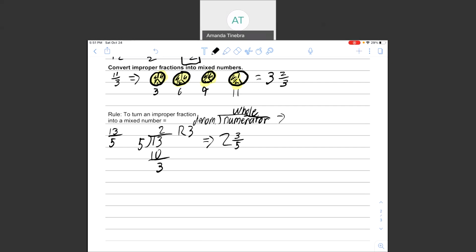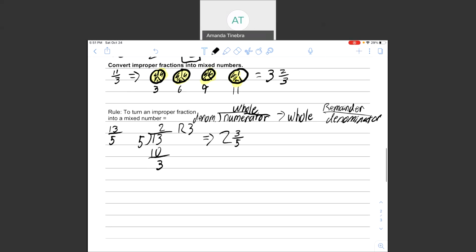This leaves us with a mixed number where I have my whole number and the remainder goes over my original denominator. Now that's a little bit confusing. So we're going to do a couple more examples to make sure we understand how this works.